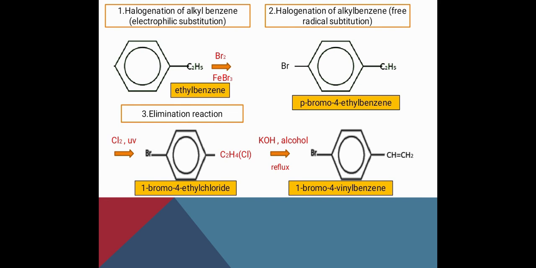To attach the Cl or halogen, we must follow the Zaitsev rule. And lastly, the elimination reaction. The 1-bromo-4-ethyl chloride will react with KOH, alcohol and reflux, so the product will be 1-bromo-4-vinylbenzene.